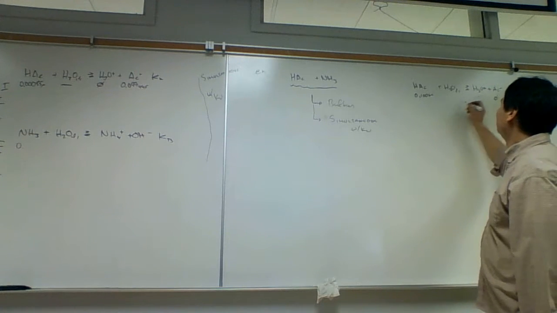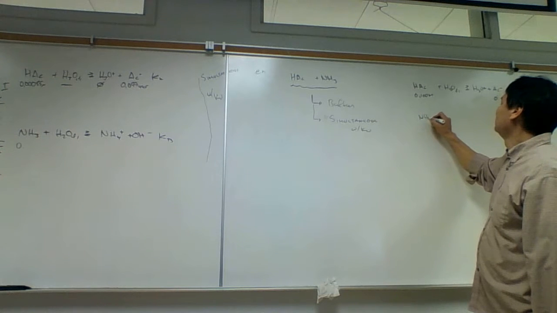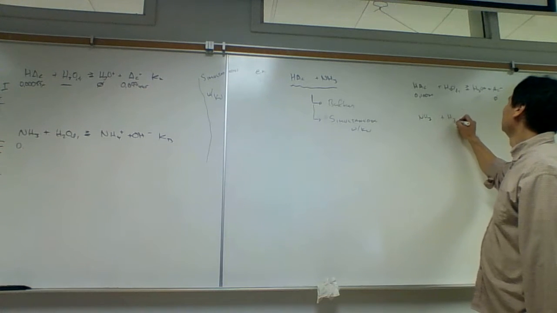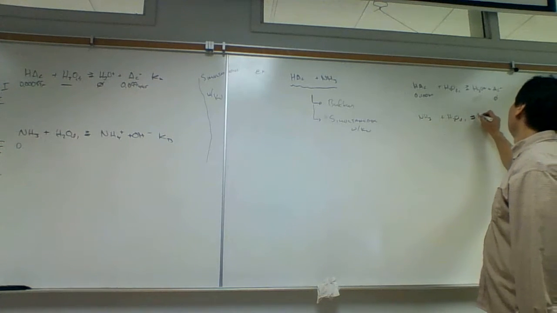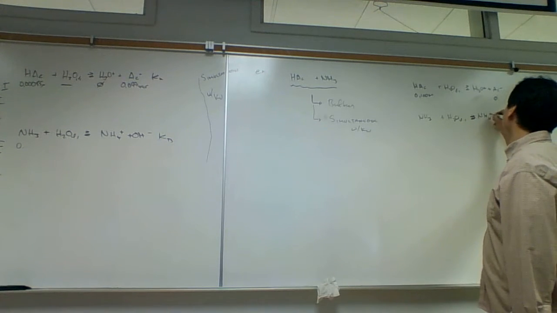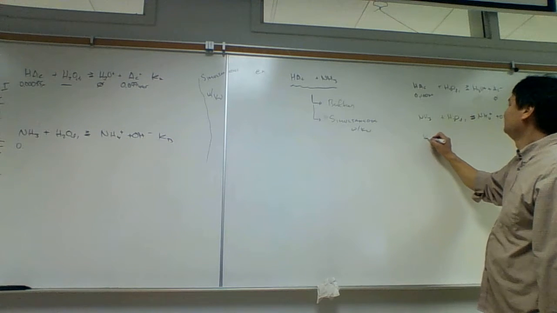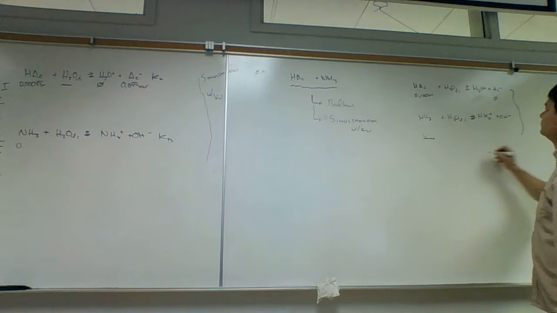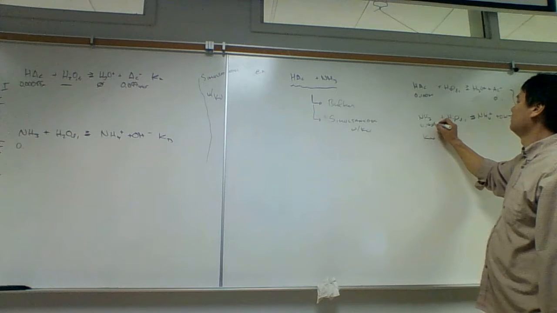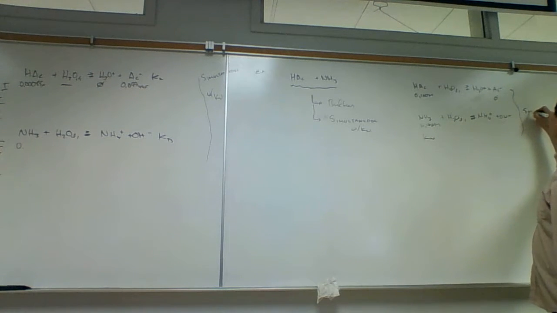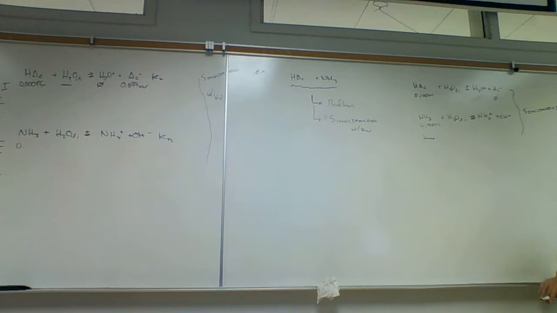Then we're going to have the ammonia plus water going to ammonium and hydroxide. And then we're going to have Kw. So this would be 0.100 as well. So we have to solve this simultaneously. And then we can get the pH of this mixture.